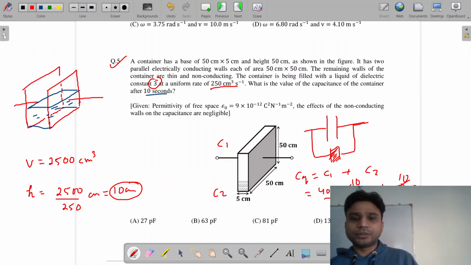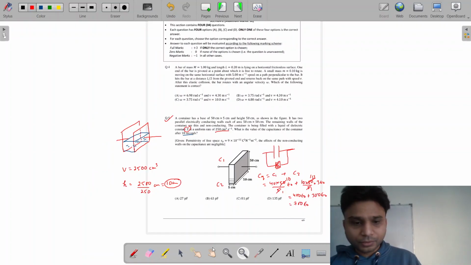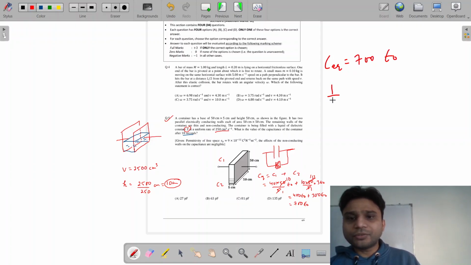Let us do some further calculation. The equivalent capacitance here is simply 700 epsilon naught. We can say 1 upon 4 pi epsilon naught is equal to 9 into 10 to the power 9.